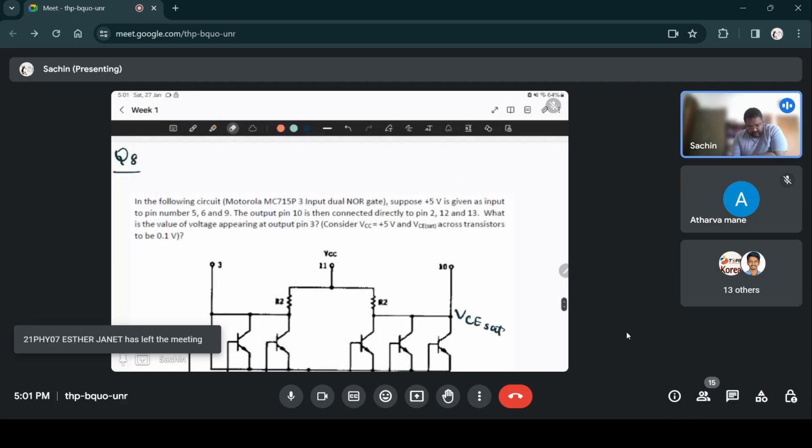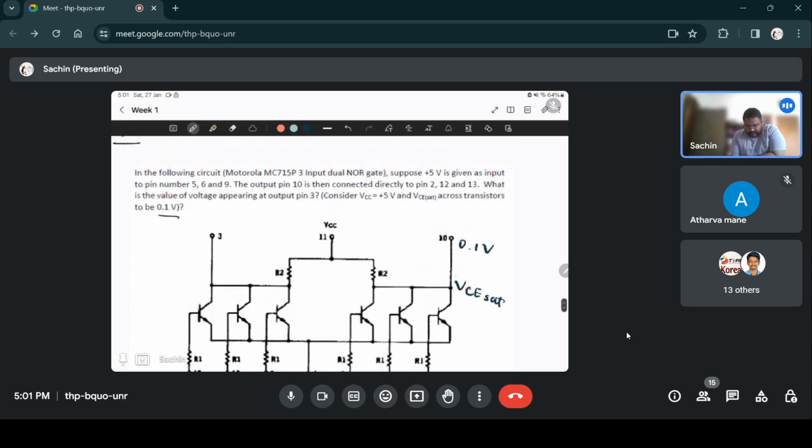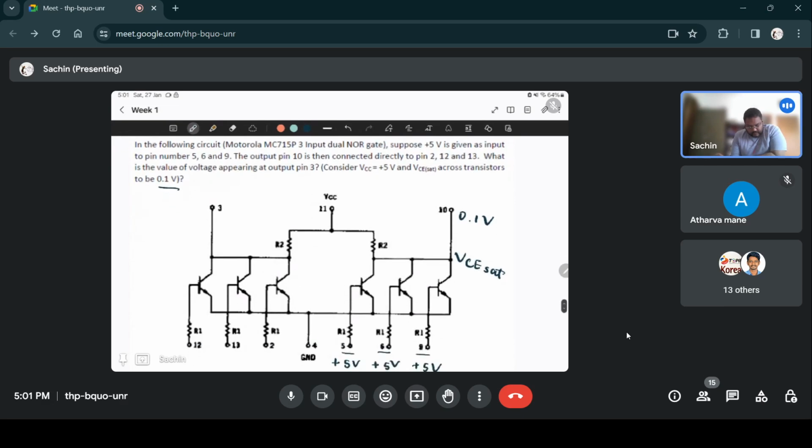And for this circuit, VCE sat is 0.1 volts. It's given here. So this pin number 10 is at 0.1 volts. Then the output pin 10 is connected directly to pin 2, 12 and 13. So this is taken and connected to 2, 12 and 13, which are the inputs for the second NOR gate.